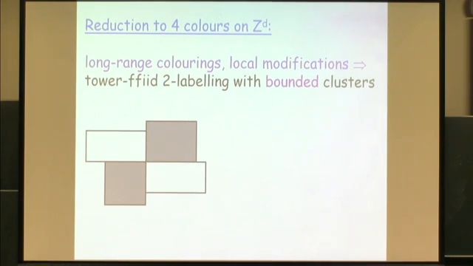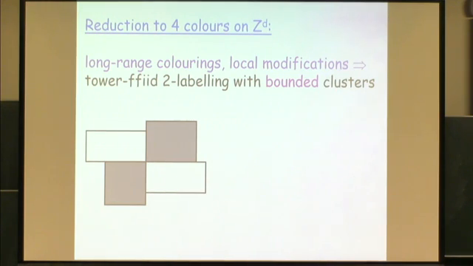And doing some carefully chosen local reductions, similar to the ones I showed you, we were able to get an FFIID process with tower function decay with two labels, black and white, and not a proper coloring, of course, but with bounded clusters.